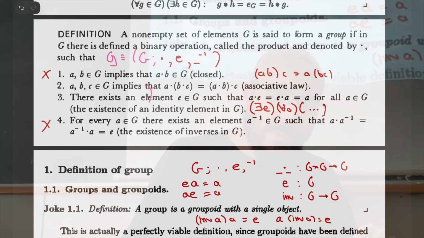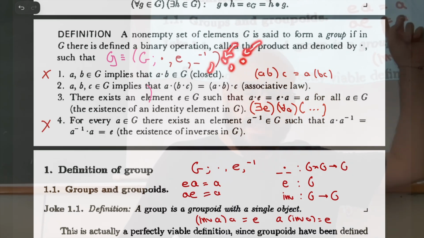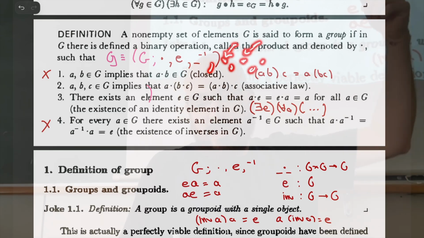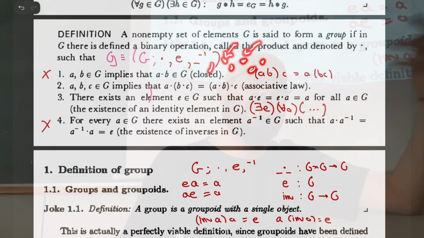I can ask the group, who is the inverse of this guy? It's that guy. And we'll see that I will also be able to ask the group, what is your proof of your associativity? Oh, it's here. So I have, together with it, a proof of the associativity of the binary operation, a proof of the fact that E is indeed an identity for this operation, and a proof that the function inv returns the inverse of its input.